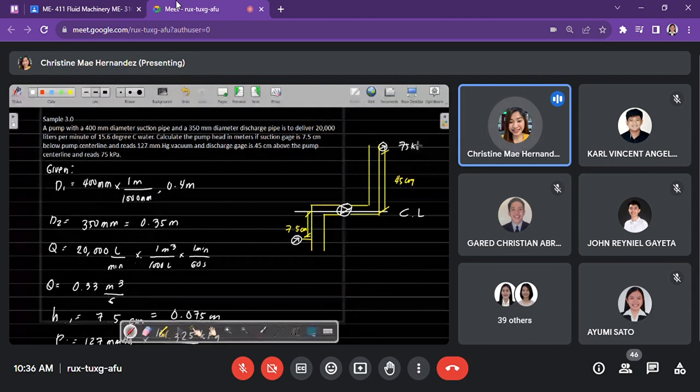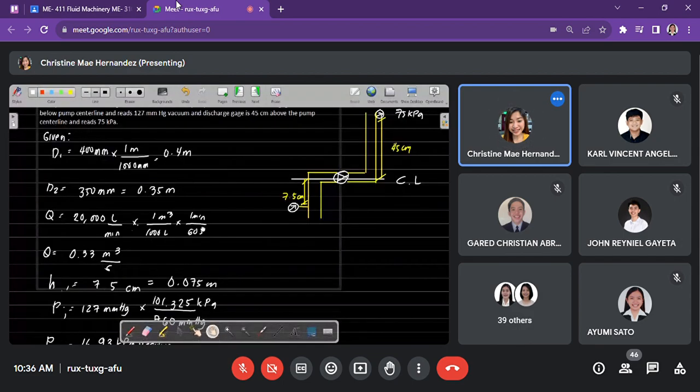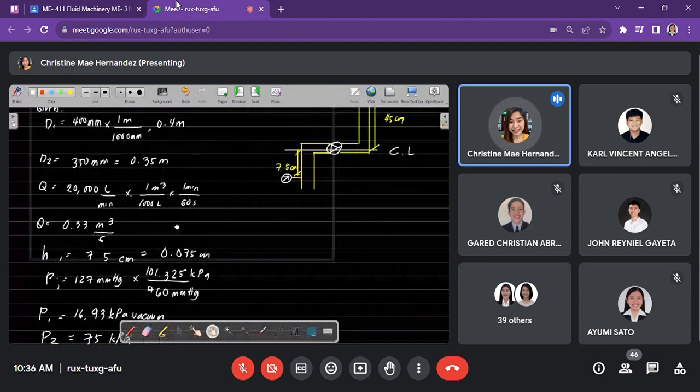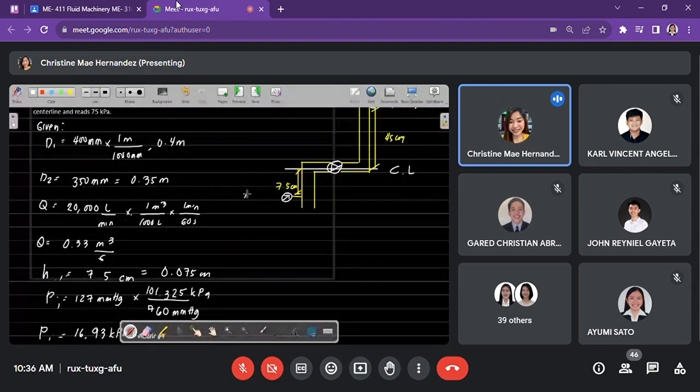Yung 75 kPa, and yung kanina 127 mmHg, kinonvert natin into kPa, 16.93 kPa vacuum, or sabihin na lang natin negative.